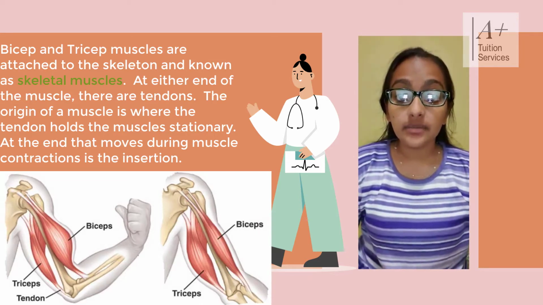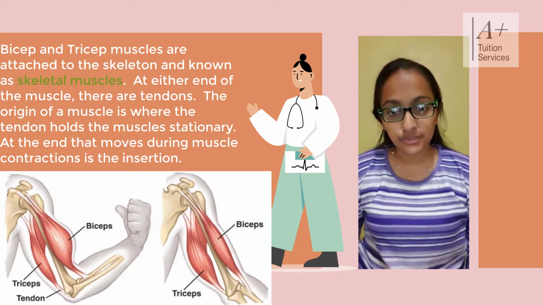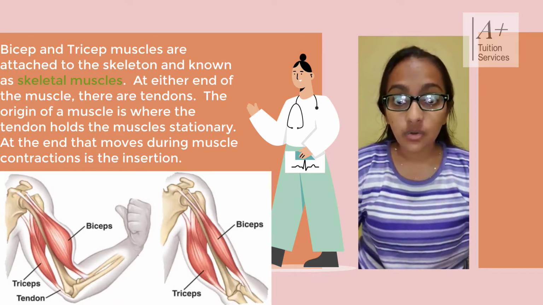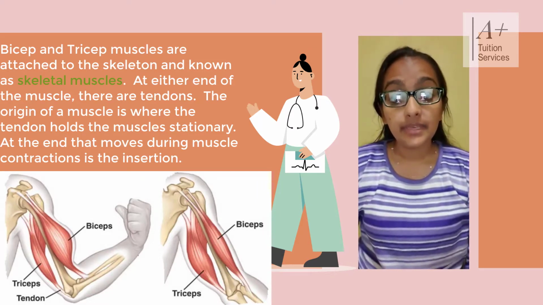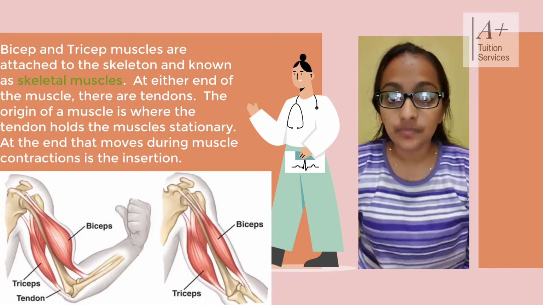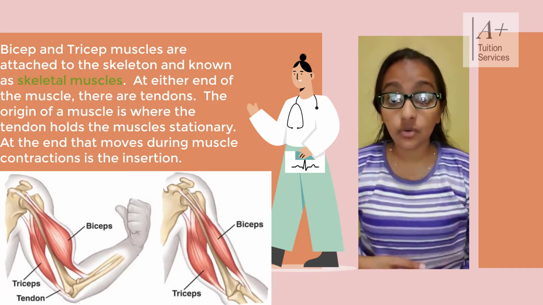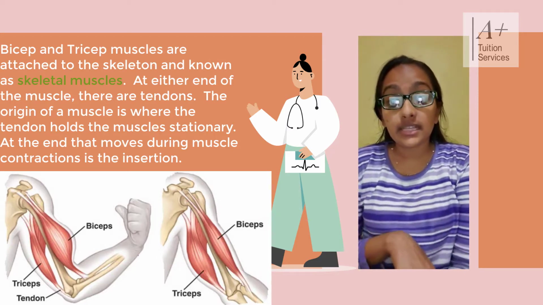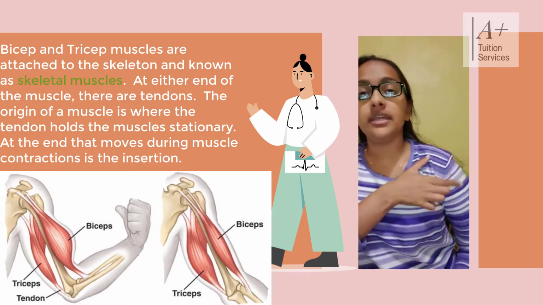At either end of muscles, you have tendons, and the tendons are what basically provide this attachment to the bone. The origin of a muscle is where the tendon holds the muscle stationary, meaning that bone does not move. At the other end, where you have the movement being produced, the tendon that attaches there is your insertion point.